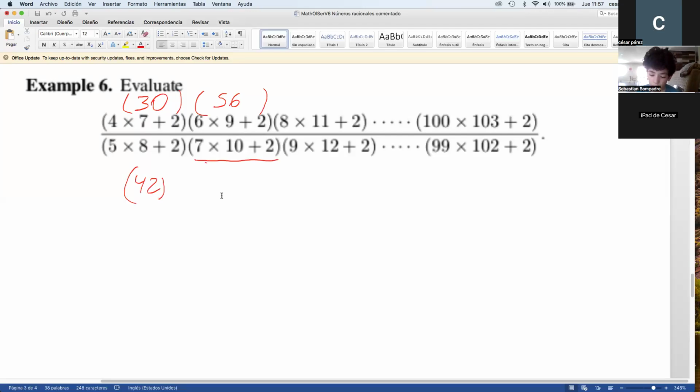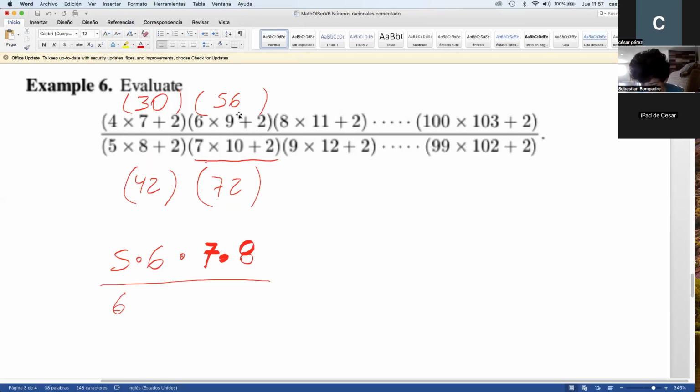This will be 72. Okay. Now we can write this as 5 times 6. This will be 7 times 8. This one will be 6 times 7. This will be 8 times 9.